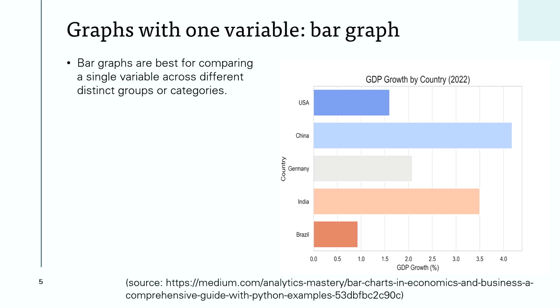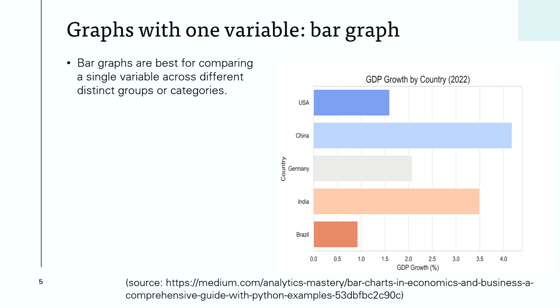Let's start with bar graphs. Bar graphs are useful when we want to compare a single variable across several different categories. In a bar graph, each bar represents a category, and the height of the bar represents the value of the variable being measured. For example, suppose we want to compare GDP growth rates across different states.